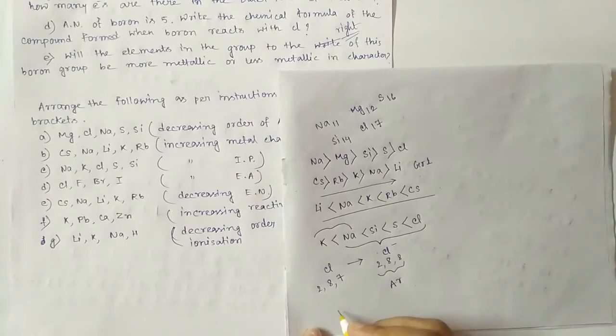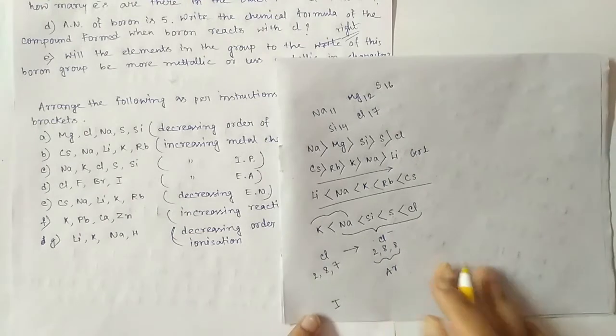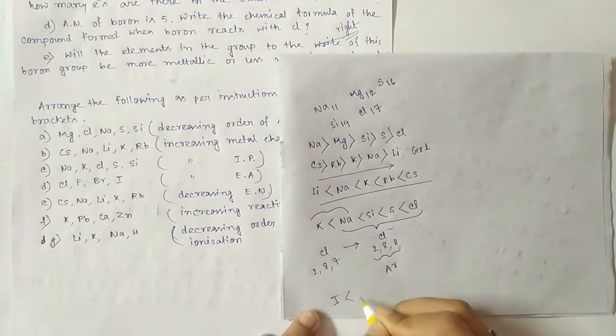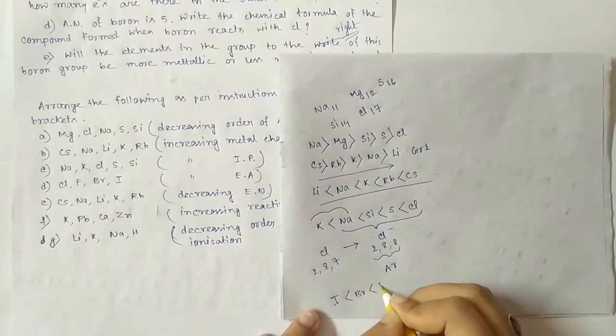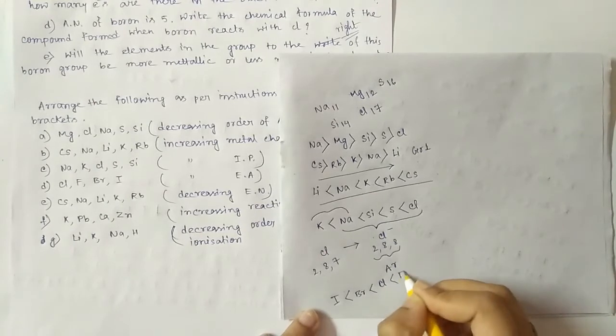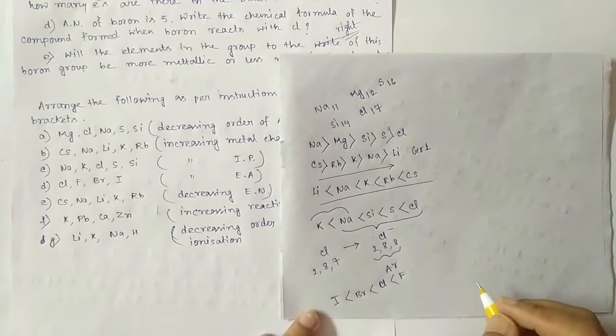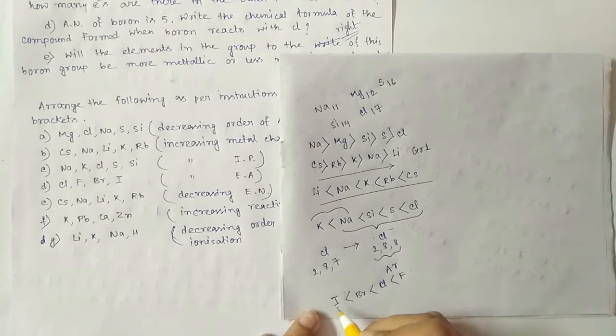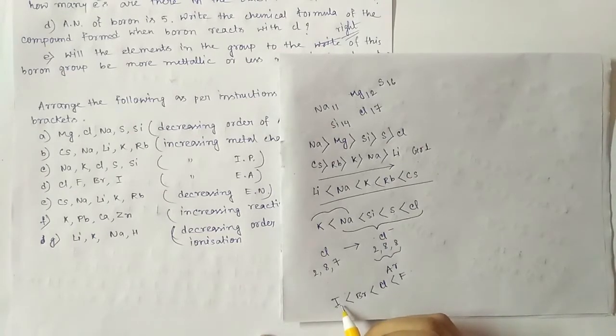So here the answer would be iodine, bromine, chlorine, fluorine. Iodine has the least electron affinity because it has greater atomic size, and thus its electron affinity will definitely be reduced.